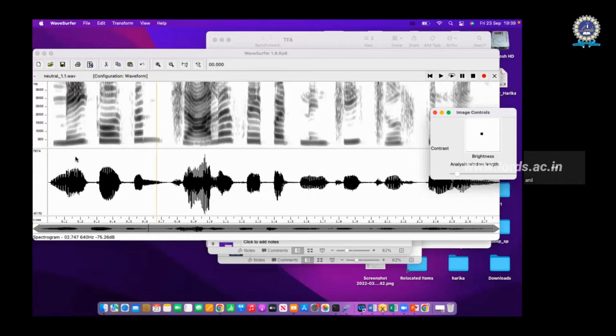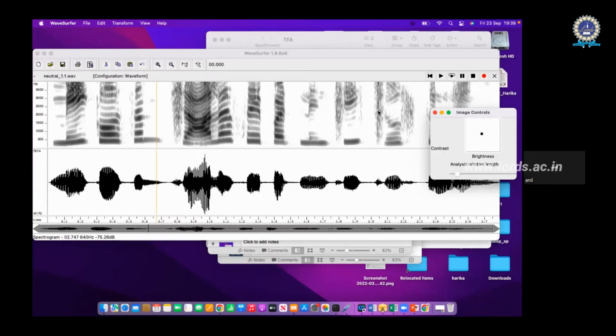Vice versa, if I take a larger window, frequency resolution is good. That means I can see all frequencies, but I can't see the time information, so time resolution is poor. So what is your application? Whether you want frequency resolution, time resolution, or joint resolution, depending on your need, you have to choose the window. That is the uncertainty we have in time-frequency analysis.